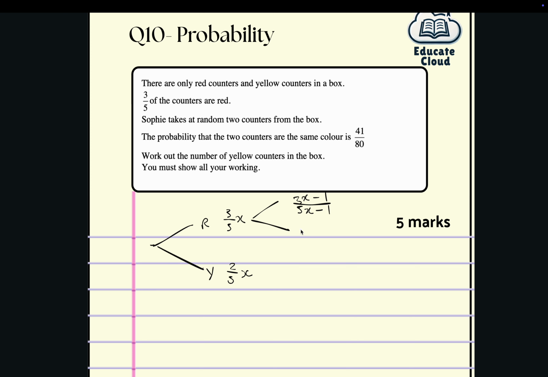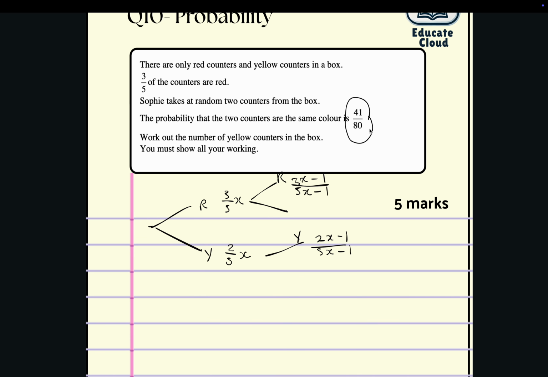So that would be 3x minus 1 over 5x minus 1. And for yellow, 2x minus 1 over 5x minus 1. That's for red, red, yellow, yellow, and that's all we need. And that's equal to 41 over 80.